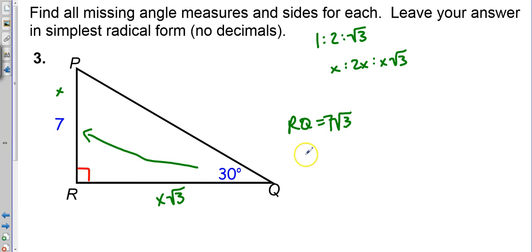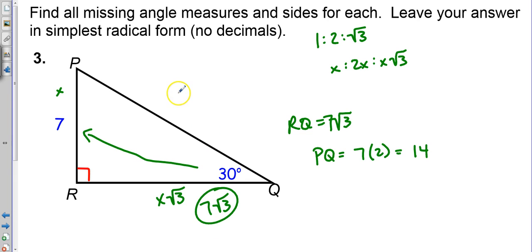If I want to find the hypotenuse, which in this particular case is PQ, and I already know the length of the shortest side is 7, I just take 7 and double it, and I get my hypotenuse. So this side down here is going to be 7 root 3, and this side here is going to be double the length of the shortest side, or in other words, 14 for this particular case.